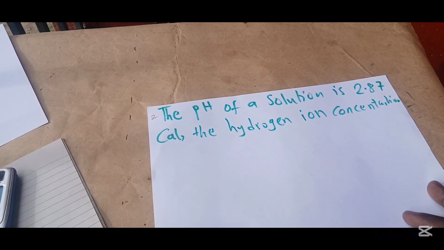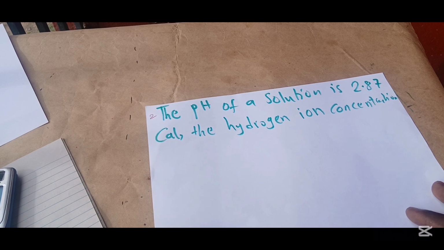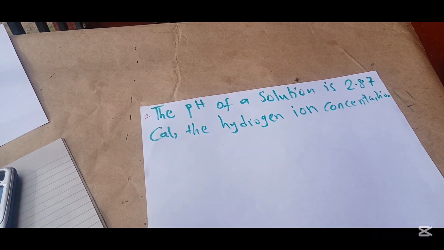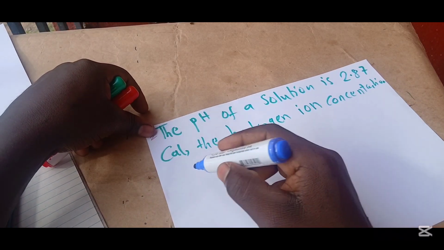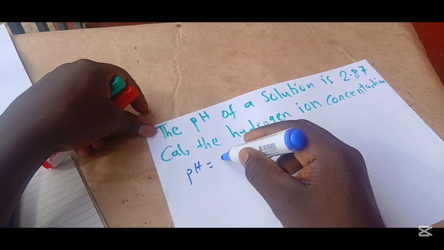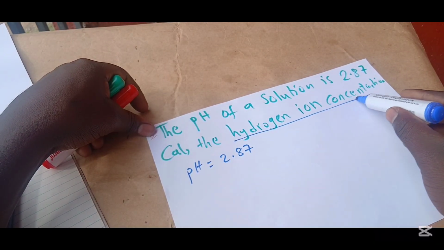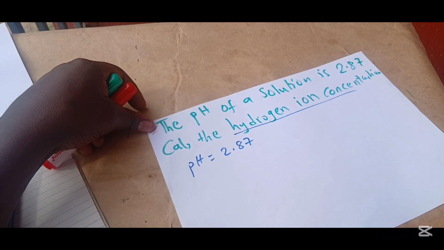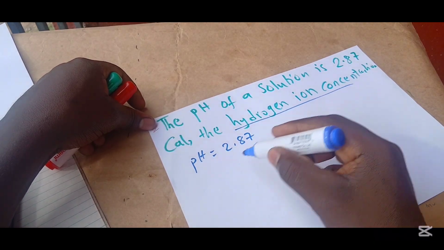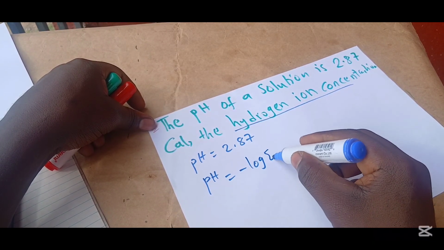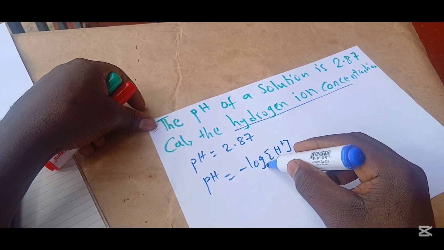The pH of a solution is 2.87. Calculate the hydrogen ion concentration. In this case, we have been given the pH to be equal to 2.87, and we have to calculate the hydrogen ion concentration. And we know that pH is equal to negative log of hydrogen ion to the base 10.